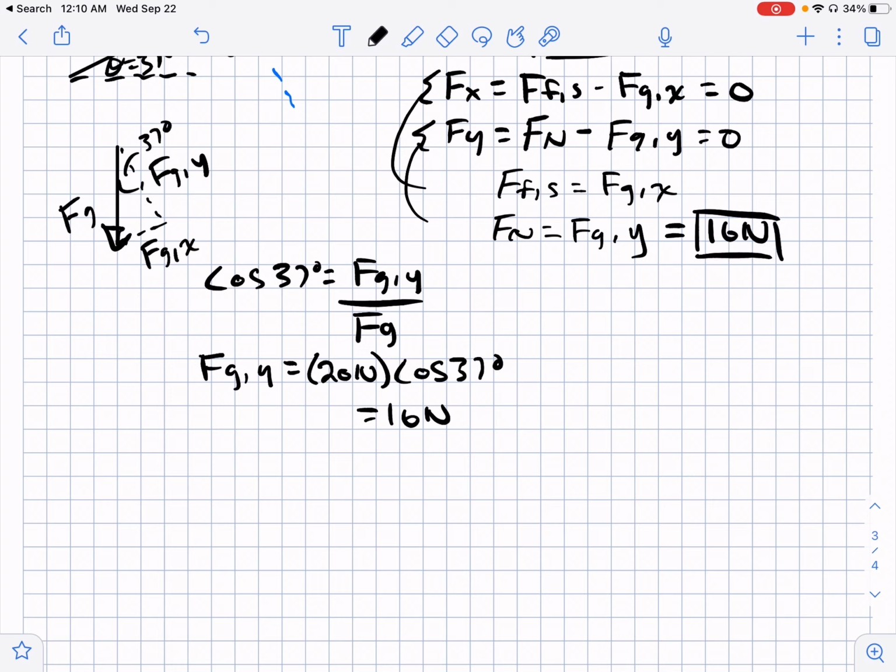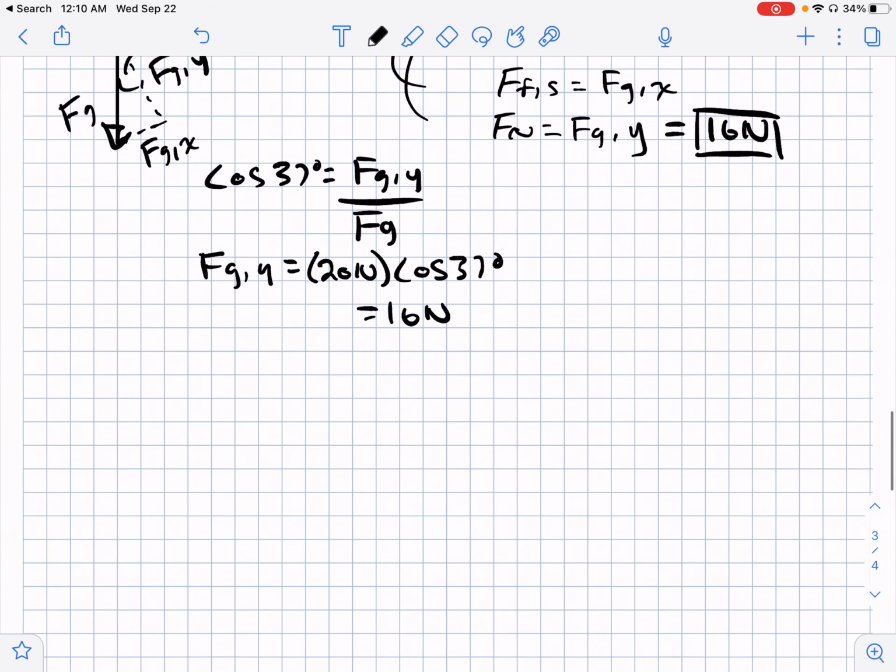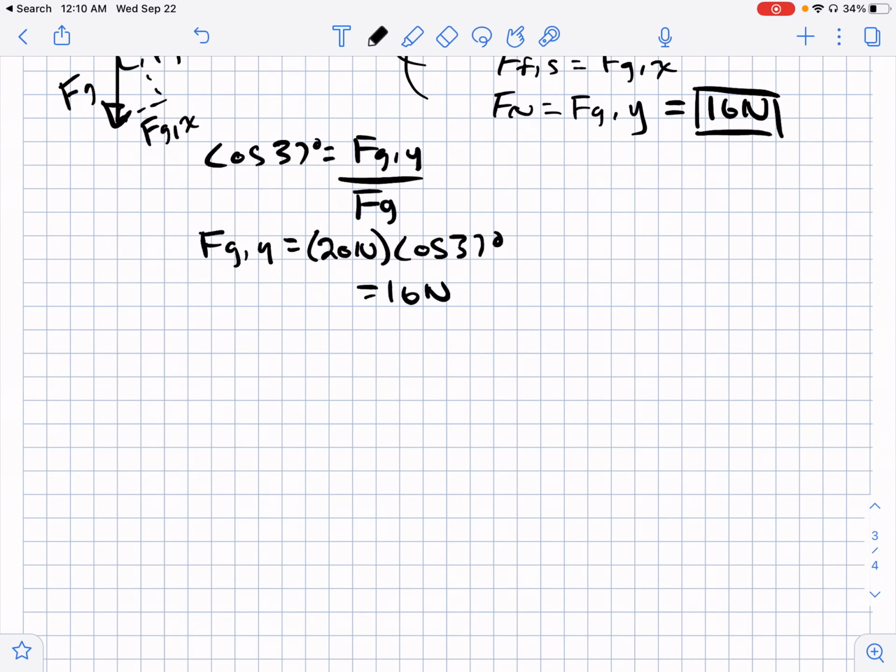So there's two forces. Now we just need to find our static friction, and that is going to be equal to the x component of our Fg. So we'll use the sine function. So sine 37 degrees is going to equal our x component over Fg.